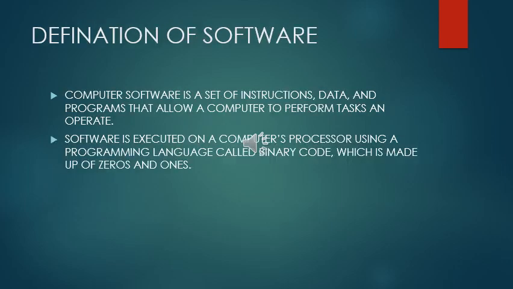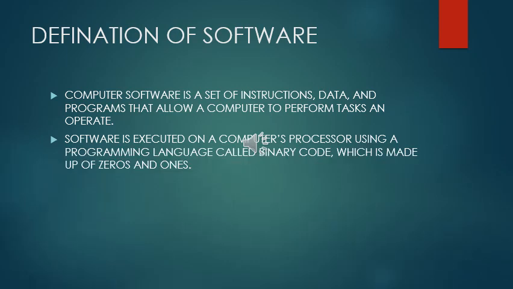Our fifth slide is known as the definition of software. Computer software is a set of instructions, data, and programs that allow a computer to perform tasks and operate. So without software, there is no way you would be able to give the computer instructions and data to save for it to operate.